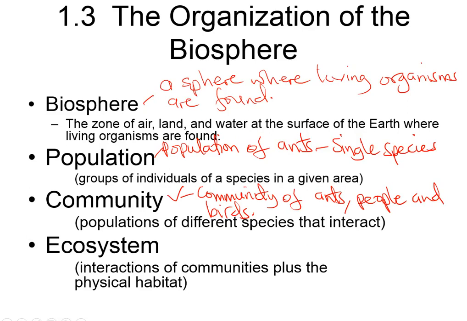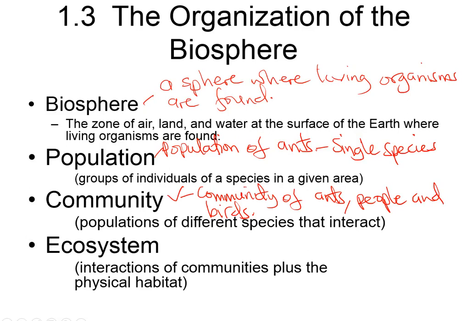Now when we have several communities that are interacting, we call that an ecosystem. Especially we have these communities that are interacting, and then we also include their habitat.